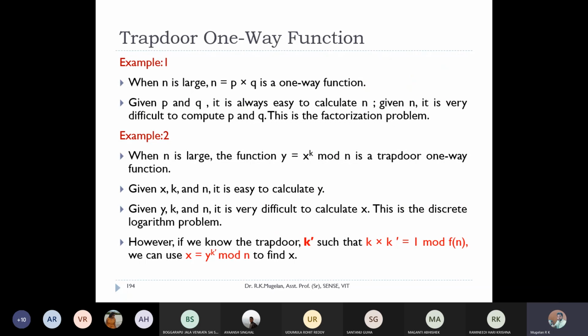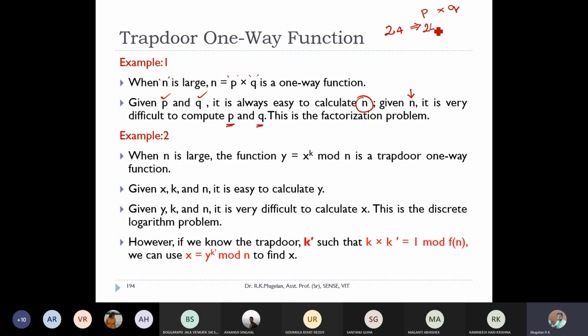Suppose I'm giving you a large integer called n, which is a product of two numbers p and q. If I give you p and q and ask you to compute the value of n, you can easily do it. But if I'm giving the value of n alone and you have to compute p and q exactly, it is very difficult. For example, assume I'm giving you the value of n to be 24, and I'm asking you to tell me the values of p and q, whose product is n.